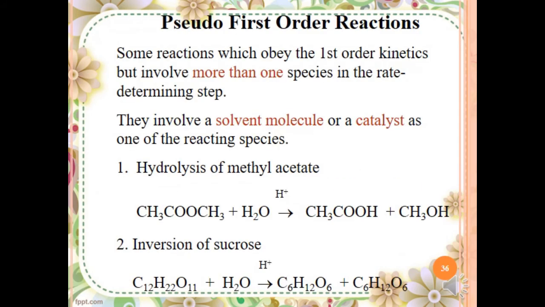So next is pseudo first order reaction. So what does it mean by pseudo? Pseudo means the reaction obeys first order kinetics, but it involves more than one species in the rate determining step.